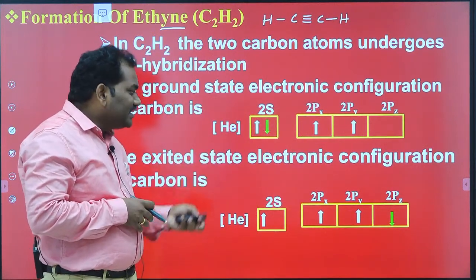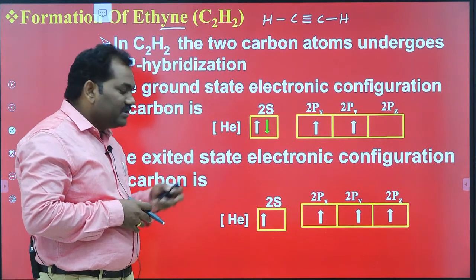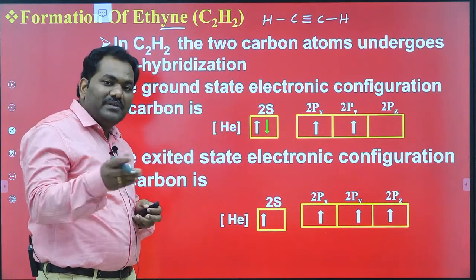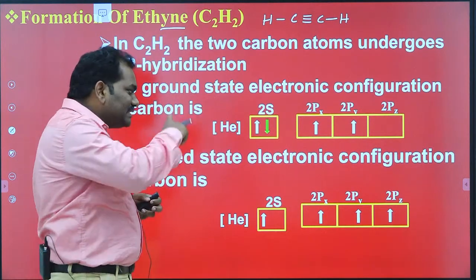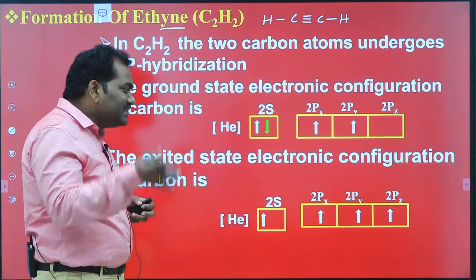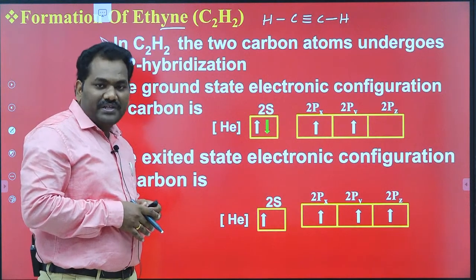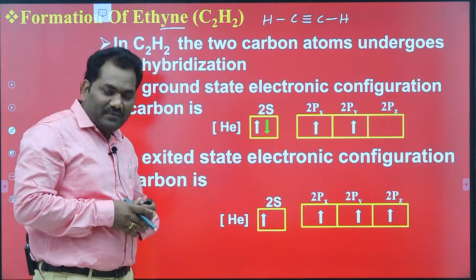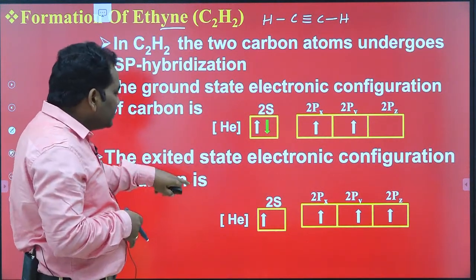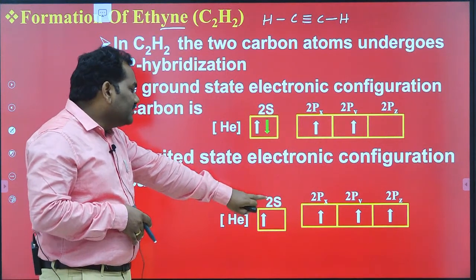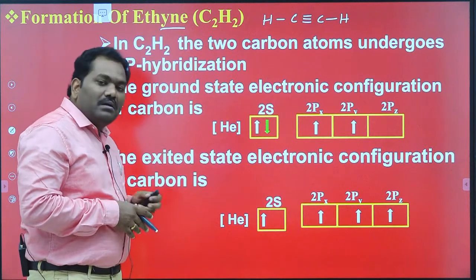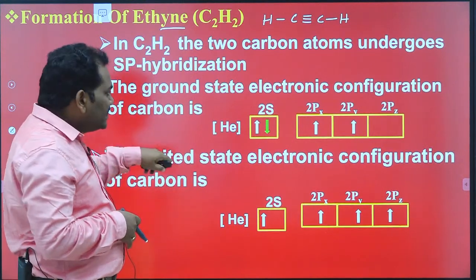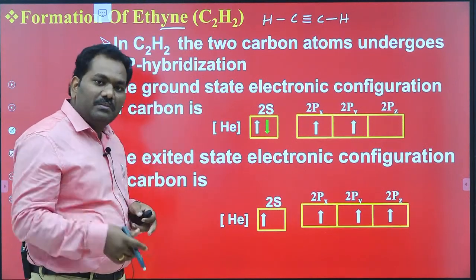After excitation, it also changes its orientation by using that absorbed energy, and it is converted to an alpha electron. So there are 4 unpaired electrons in 4 orbitals, but it uses only 2 orbitals to form bonds.